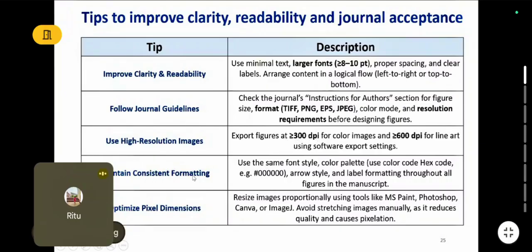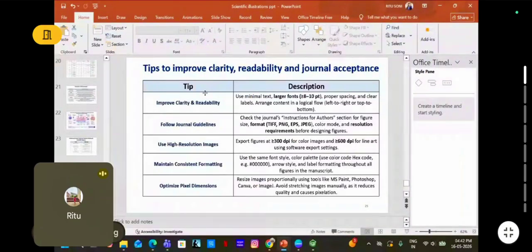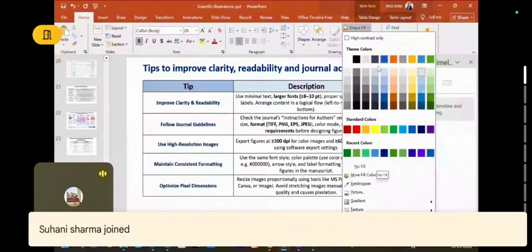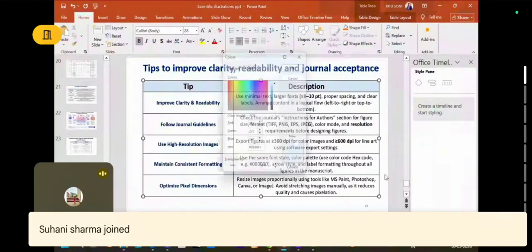Then maintain consistent formatting, same font. But here I'll show you a trick. If you use similar colors, you will not get the idea that, suppose I have used this color and this color to fill this, that these two are different colors. So what I suggest for checking is to use the hex code.